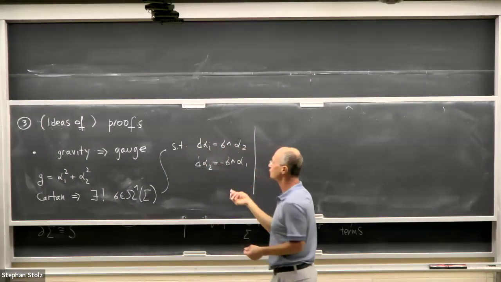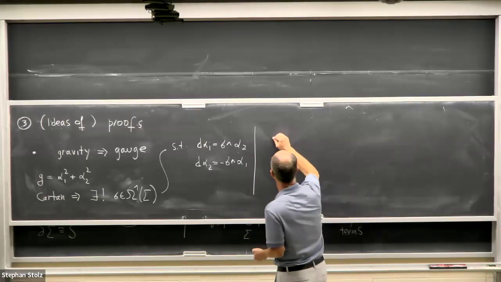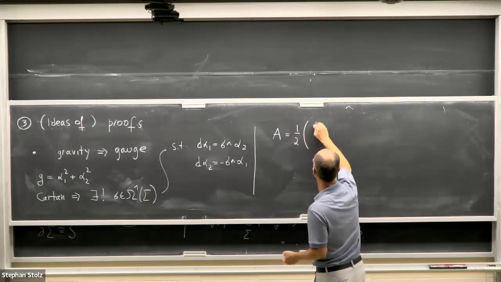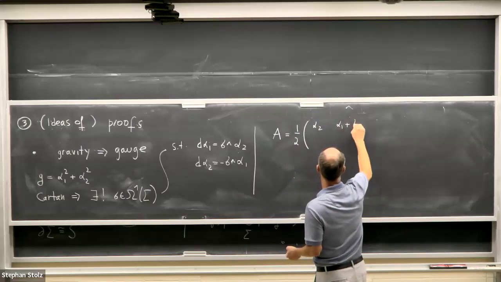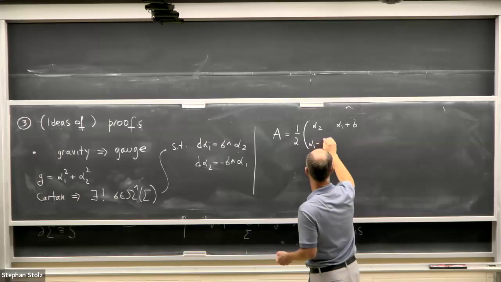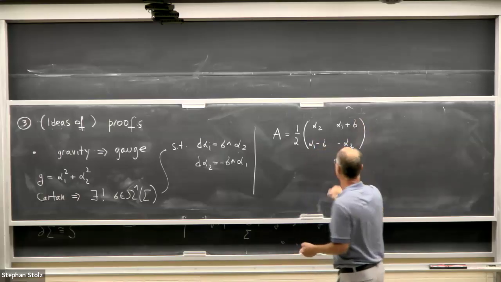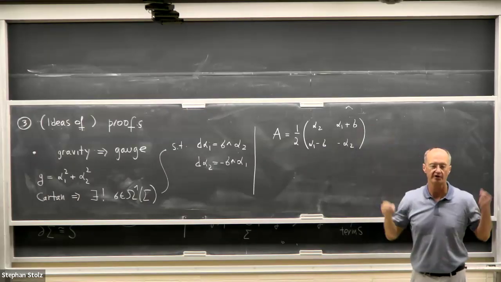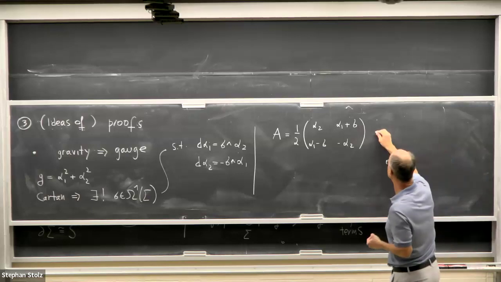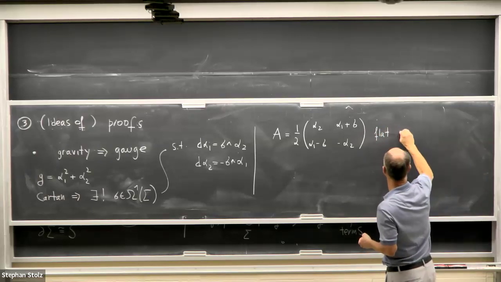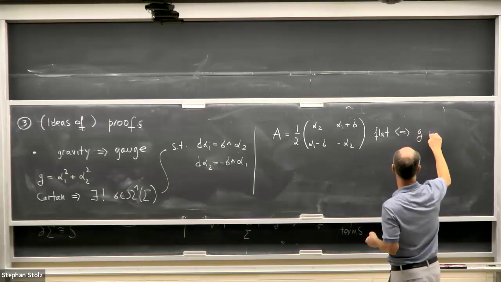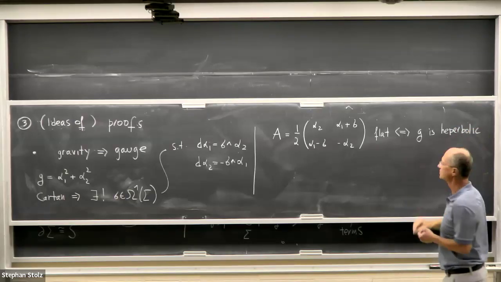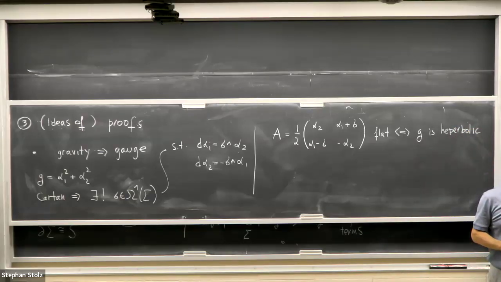Then a very beautiful, probably standard for you, but still quite surprising fact is that if you form the following 2x2 matrix, so this is an SL2R connection if you wish, then this guy is flat if and only if G is hyperbolic.